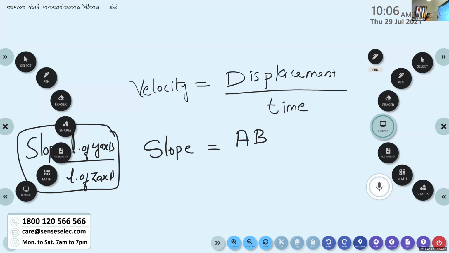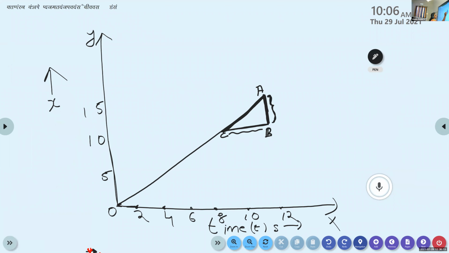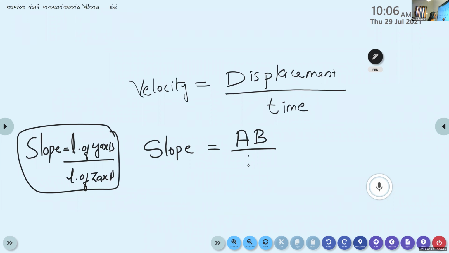So here we are finding the velocity from the slope. The portion AB represents the position. From this graph we can see that A represents 15 and B represents 10. So here we can write AB by BC. So it is 15 minus 10 divided by BC.